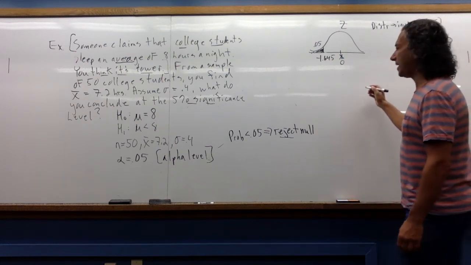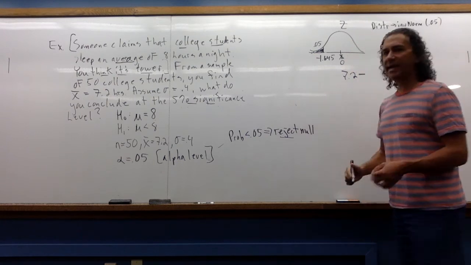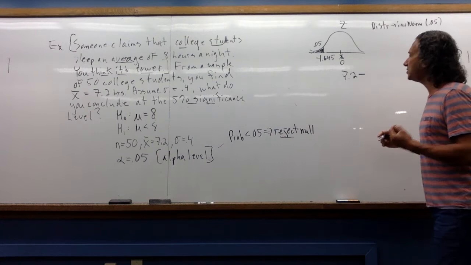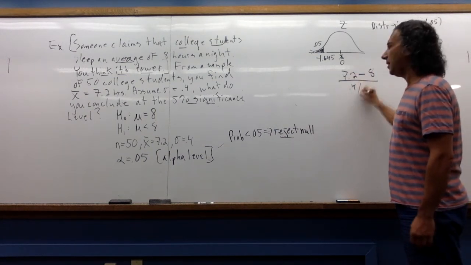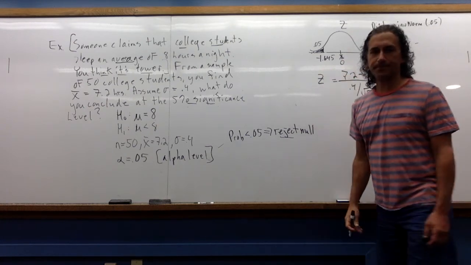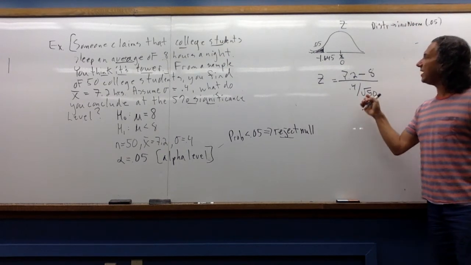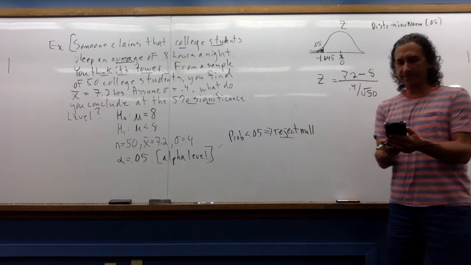We want to take x bar, 7.2, minus mu. Mu is assumed to be 8, over sigma over the square root of n. This is going to give us a z value. If this z value is less than minus 1.645, we will reject the null hypothesis.